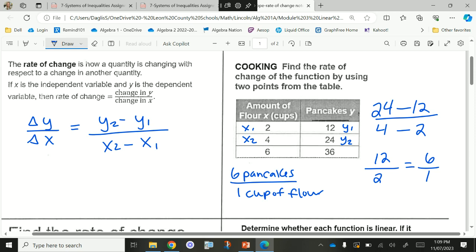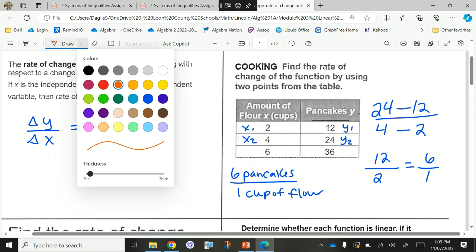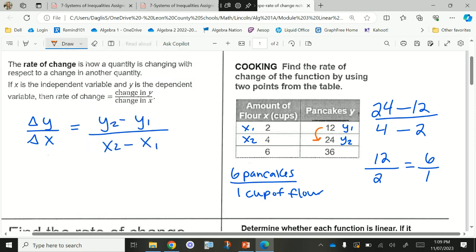All right. Look at your table. How did 12 become 24? Well, we added 12. And then 24 to 36, didn't we add 12 again? Yes. So see how we were increasing by 12? And then here, this was plus 2, plus 2.